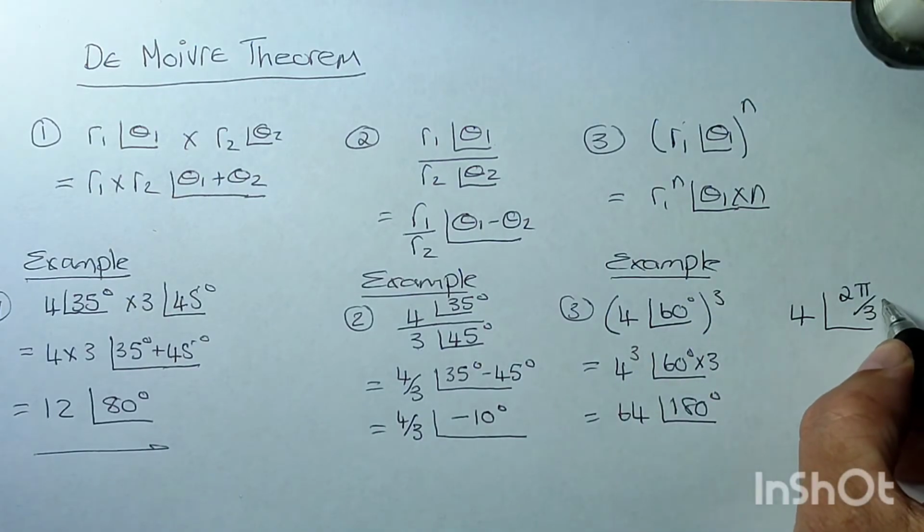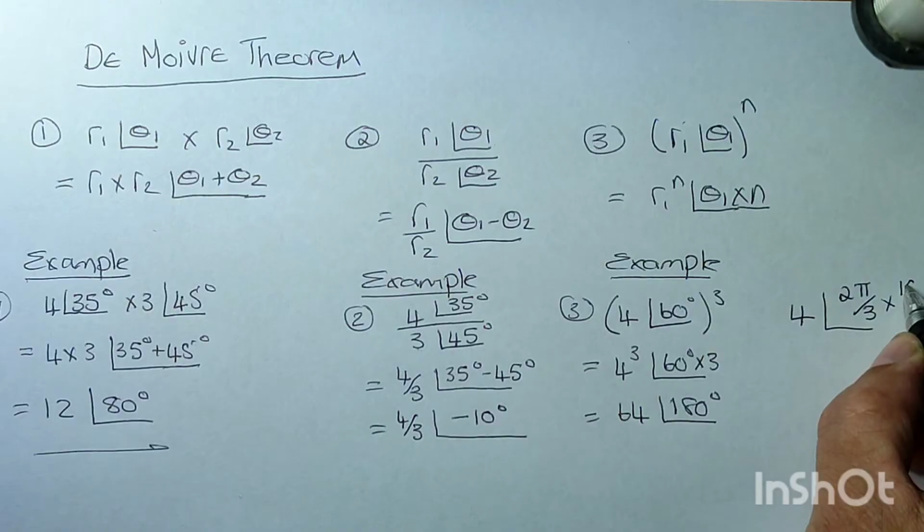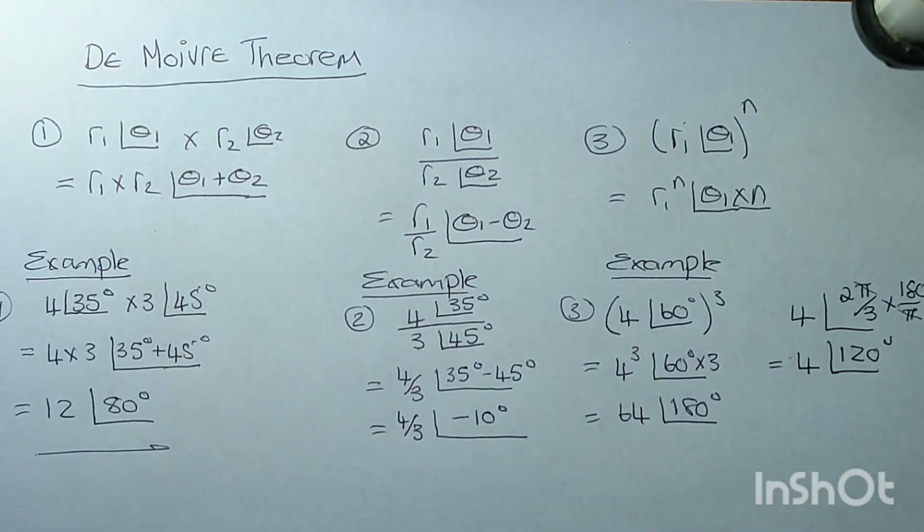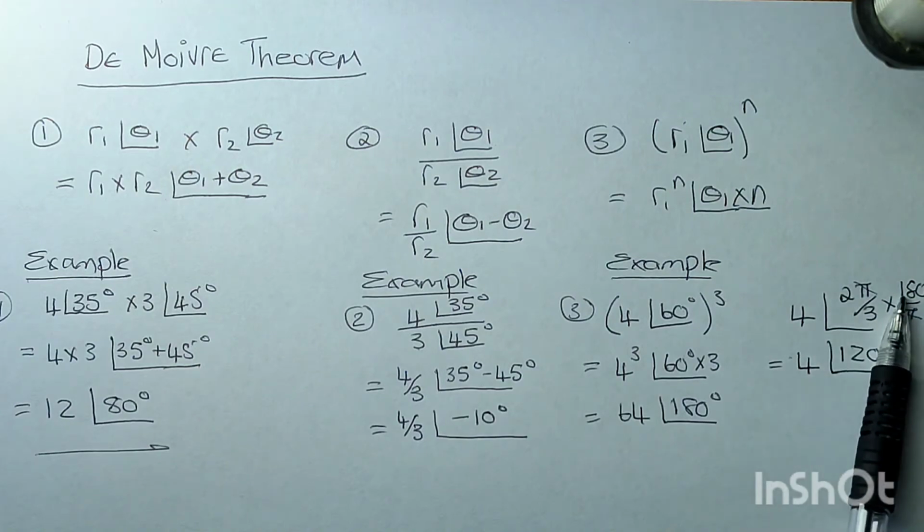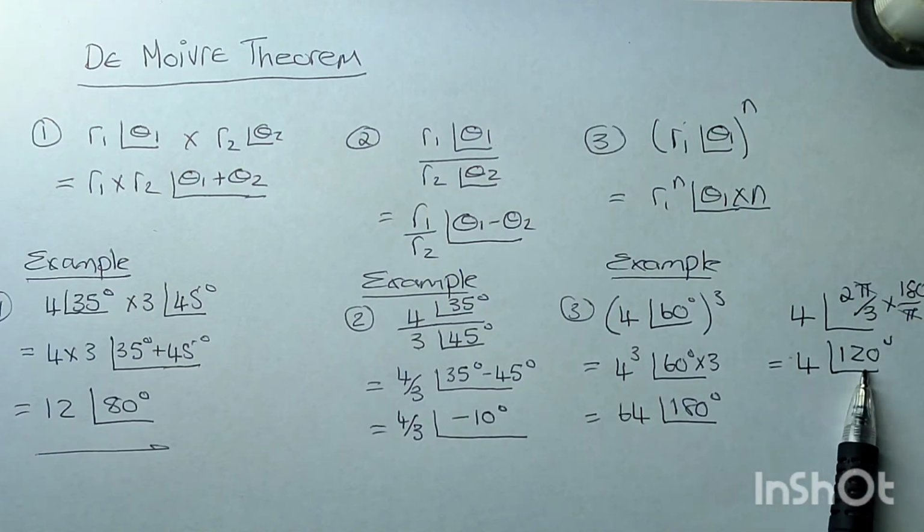The only thing that you need to do is multiply by 180 over pi, and the pi's cancel out, and then it will be 2 times 180 divided by 3, which will give you the angle in degrees. That means you will have a new r value of 4, and the angle 2 times 180 divided by 3 will give you an angle of 120 degrees.